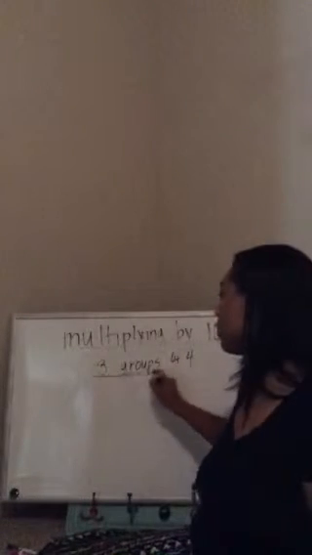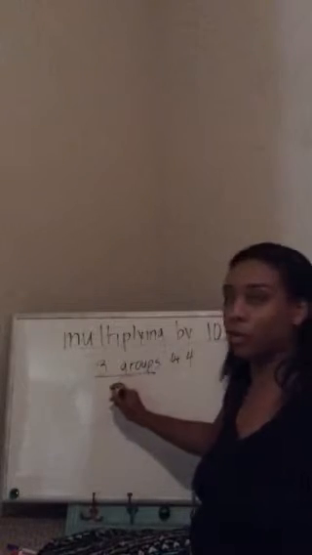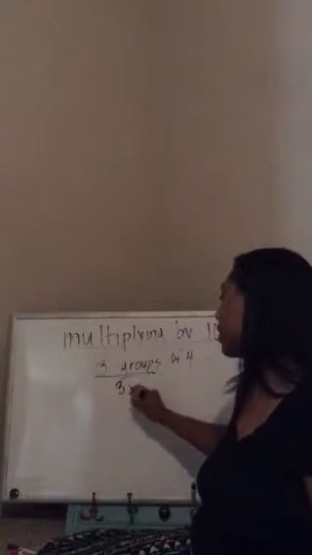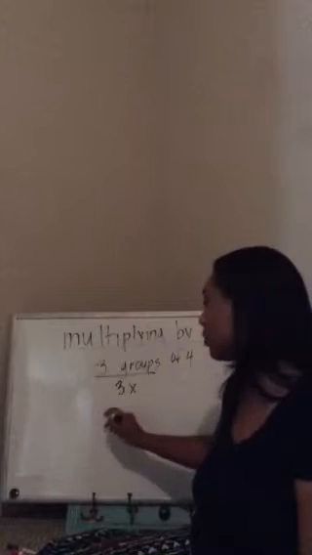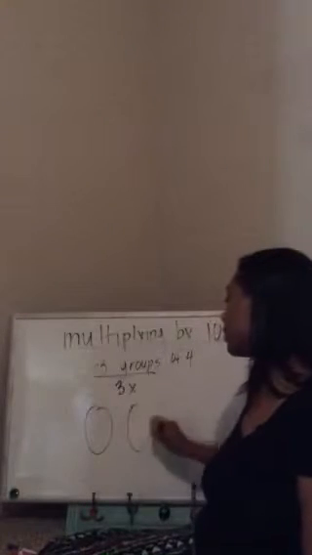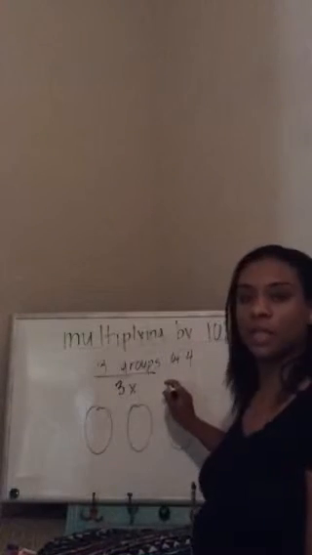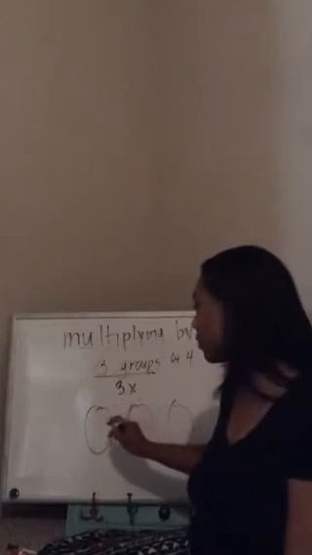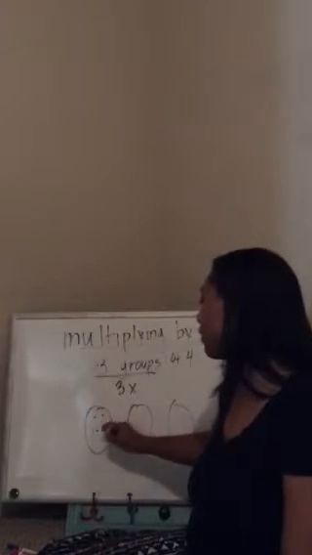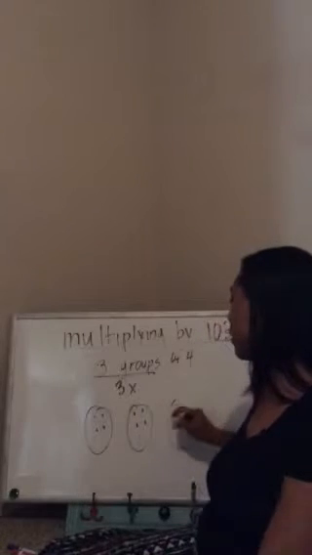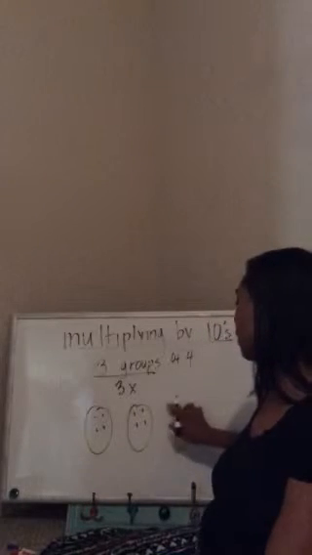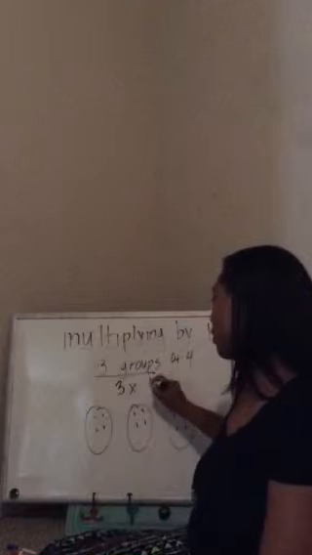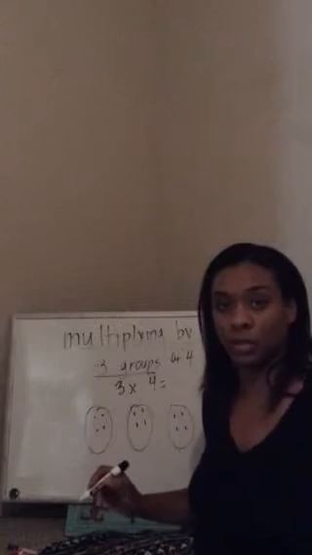The first part represents 3 groups. We can represent it like this, 3 with an X groups. I'm going to draw 3 groups. The next part says of 4. What do we do? Put 4 inside each group. 1, 2, 3, 4. 1, 2, 3, 4. 1, 2, 3, 4.